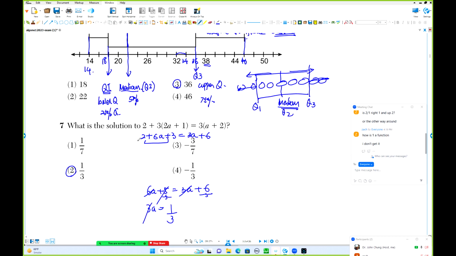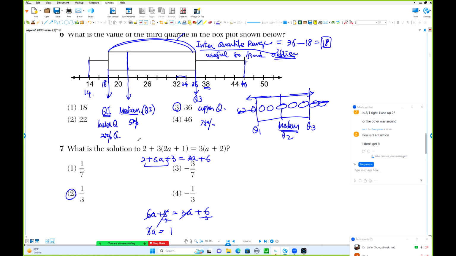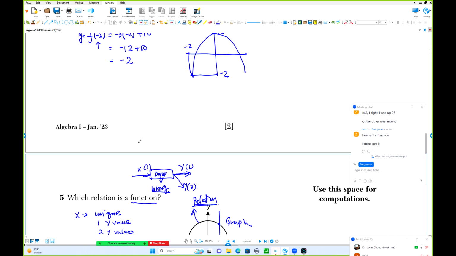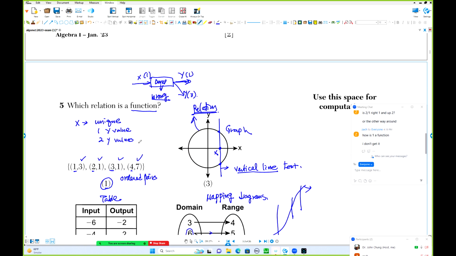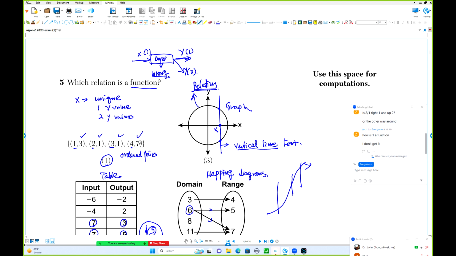Number 8, let me see. Which is a function? Oh, this one, okay. Because only one, you can take it out. When x is 1, y is 3. Only one value, right? No other one there. When x is 2, y is 1 there. Only one value.